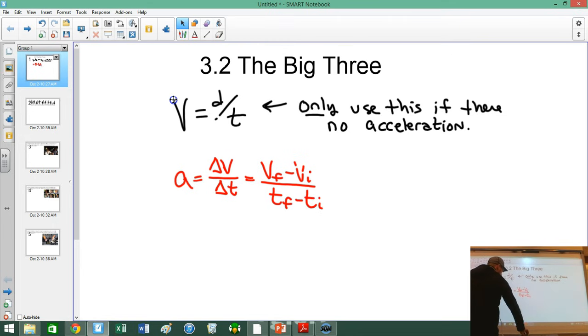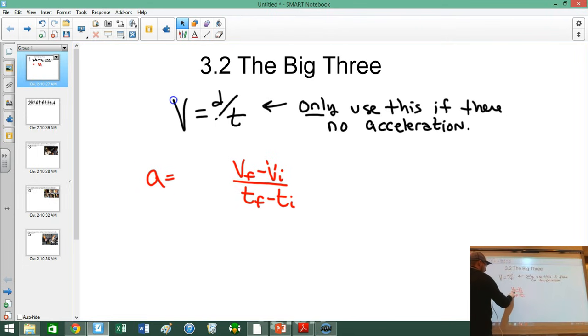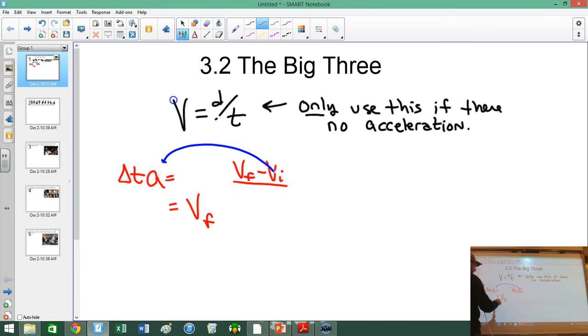Now, if I get rid of this part, and I leave this piece the way it was, the delta t, and then I move this delta t over to the other side, and then I move the VI over, you'll notice that I get this. I get VF equals VI plus A delta T.